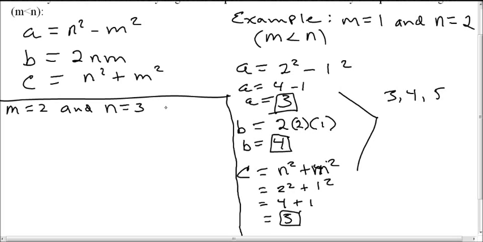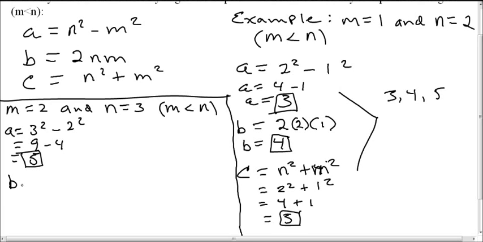Again, I'm looking so that m must be less than n, and that fulfills that requirement. So as I go on, I'm looking for a, so I see 3 squared minus 2 squared. That's going to give me 9 minus 4, which equals 5. So we're saying that 5 is our first number in this particular triple.